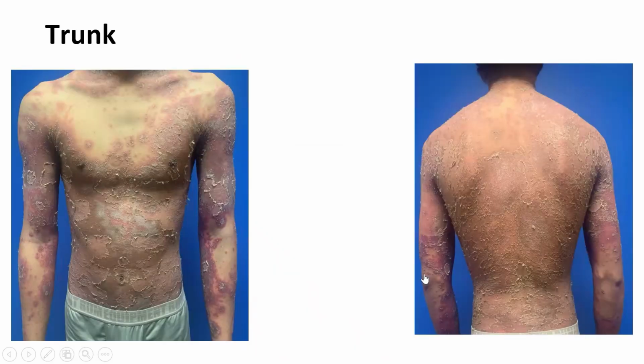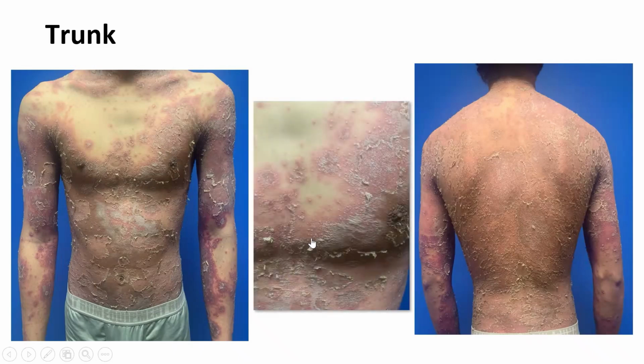Now let's move to the trunk. This region has a higher weighting, so it contributes significantly to the total score. Pay attention to this very confluent erythema, very dusky looking, and he has very dense pustulation. As you can see here, there are lakes of pustules and moderate scaliness, quite extensive, but I wouldn't say that it's very severe scaliness.